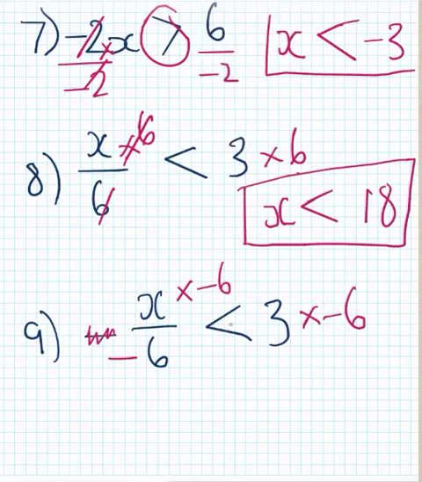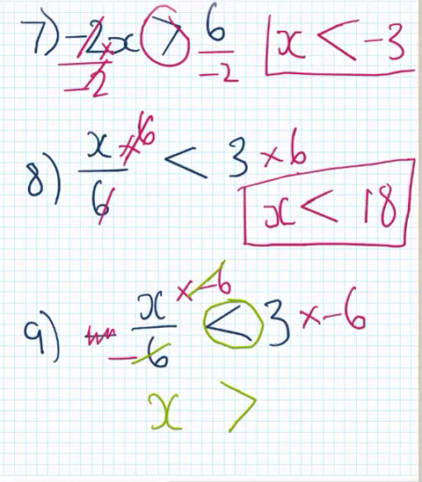We must switch the inequality sign. So it will be greater than. So the -6's cancel out, and we end up with x is now greater than 3 times -6 is -18. Okay, so you can see the difference between questions 8 and 9, and the difference this little negative over here made. We had to switch the inequality sign.